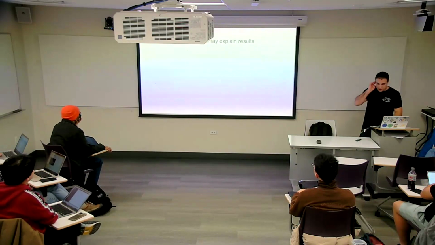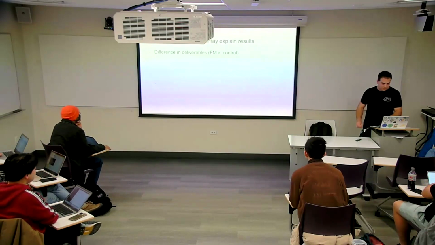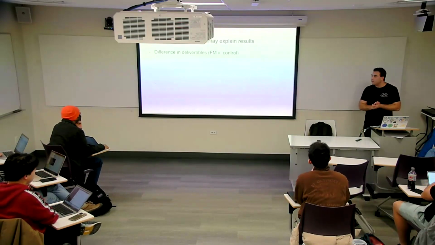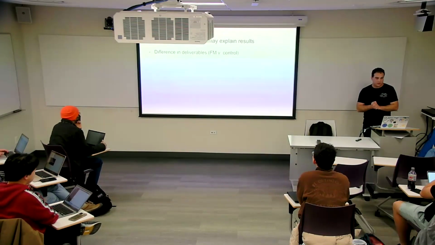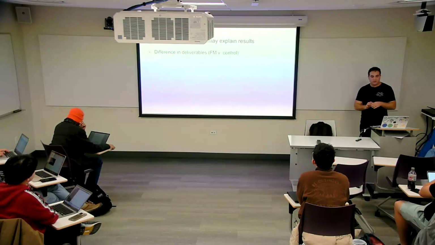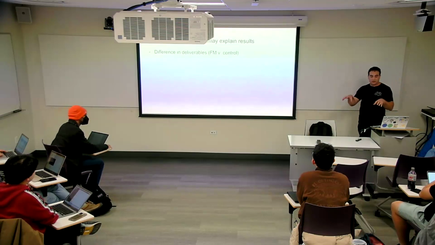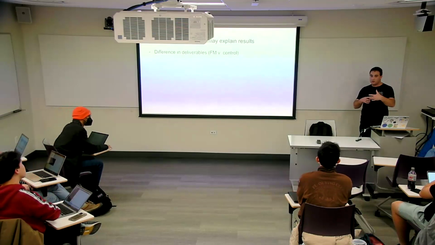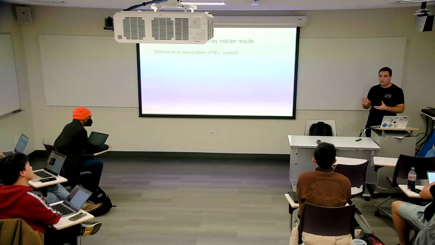Okay, so there's a lot of room for other theories to explain the results. One of them is the difference in deliverables that we talked about before, right? The formal methods group, in addition to delivering everything that the control group had to, also had to submit a formal design.